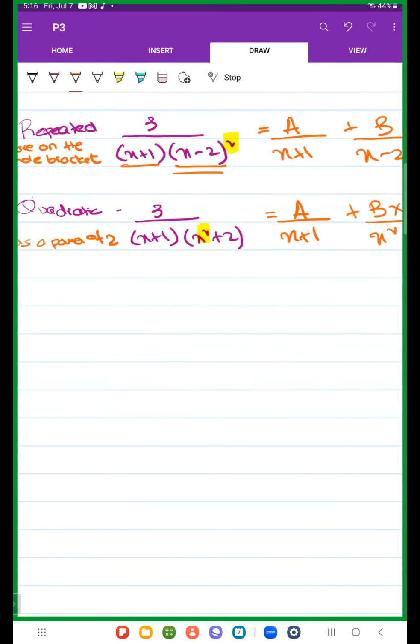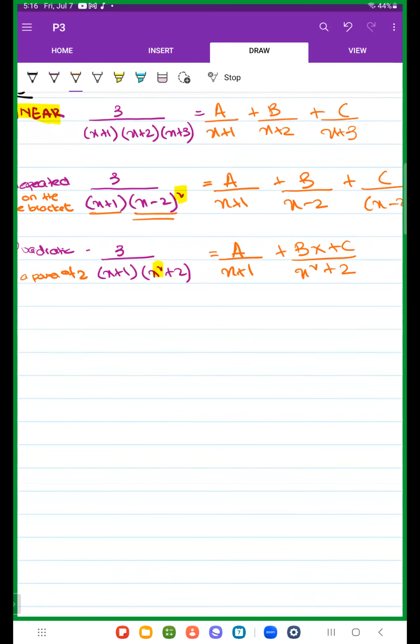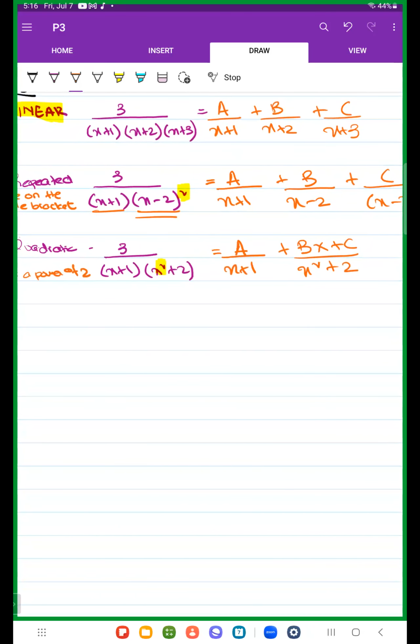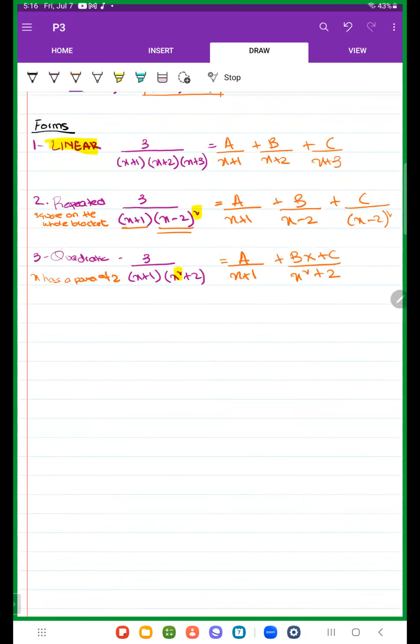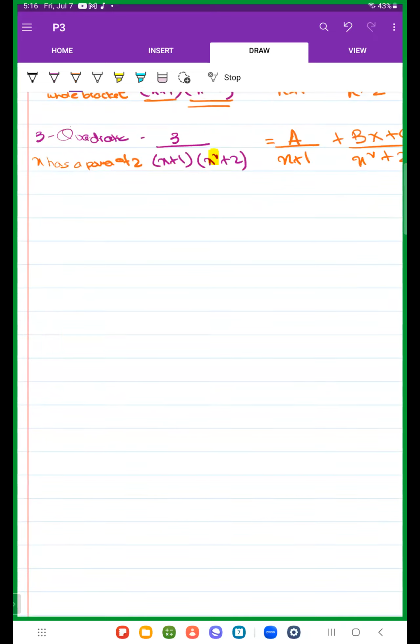You open the linear bracket similarly as we did in the linear form. And for the bracket which has the power of 2, you open it with a numerator of bx plus c. All right?